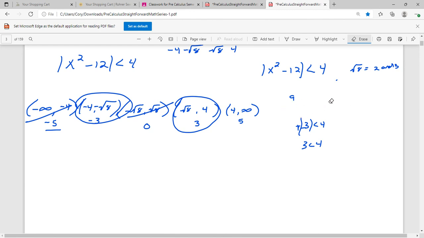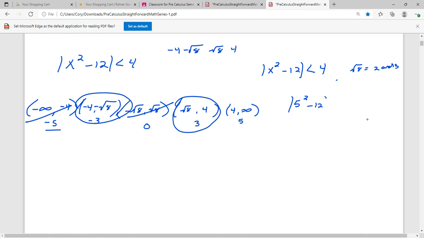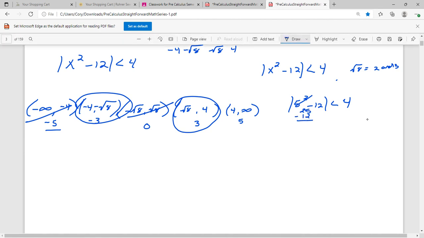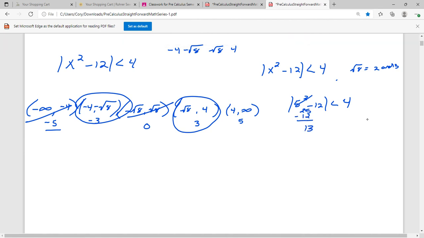So we need to square 5, subtract 12, and see if that's less than 4, which I don't think it's going to be. 5 squared minus 12 is 25 minus 12, which is 13. 13 is less than 4? No. So that one's out.